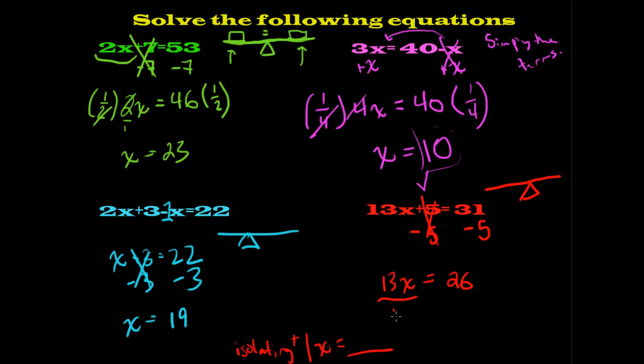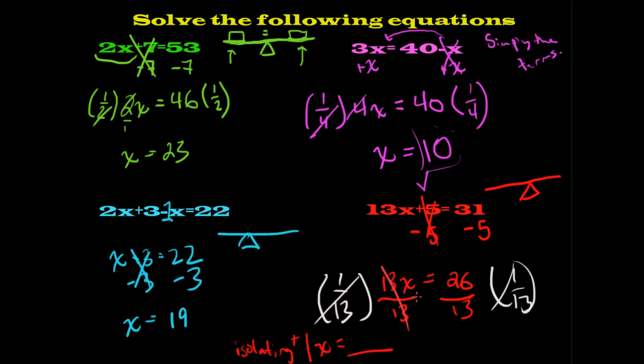So we're going to divide each side by 13, or you could think of it as multiplying by 1/13. Either way, on each side, we get x is equal to 2, and you could plug it in to check it. And let's continue.